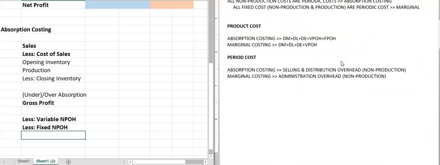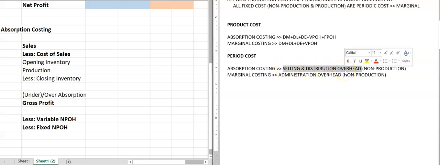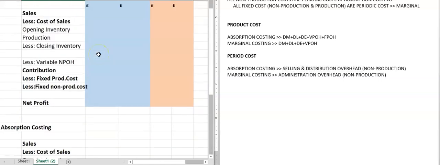in this comparison I'm saying that periodic cost under absorption costing are selling and distribution cost, all the non-production cost, right? But under marginal costing, that is fixed production cost and fixed non-production cost. So that means these are the things, non-production cost.